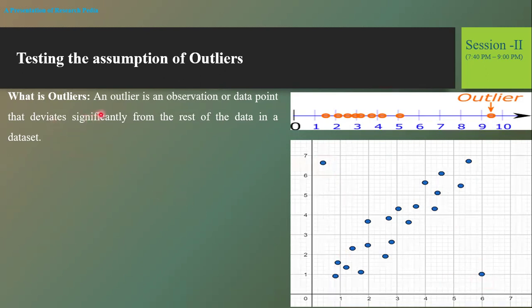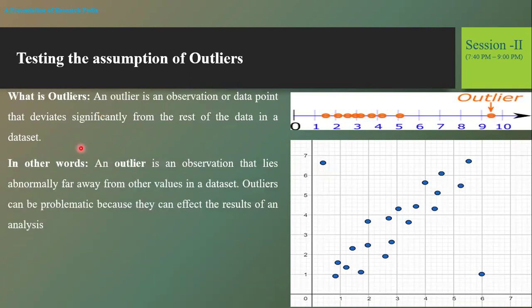So what is the outlier? An outlier is an observation or data point that deviates significantly from the rest of the data in a data set. So in other words, an outlier is an observation that lies abnormally far away from the other values in a data set. So outliers can be problematic because they can affect the result of an analysis.